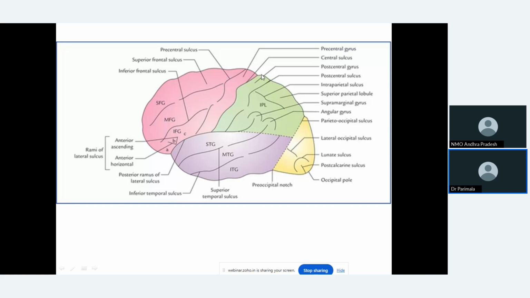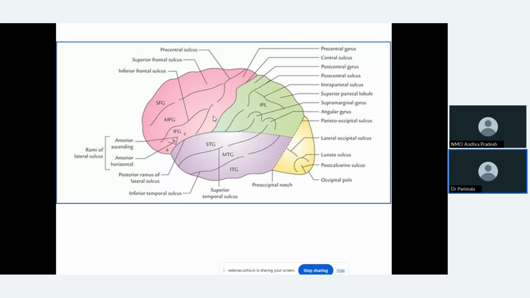A sulcus present in front of the central sulcus is called the pre-central sulcus. The gyrus in front, gyrus is an elevated area, sulcus is a depressed area. Why are the gyri and sulci present in the cerebrum? It's the first basic question.